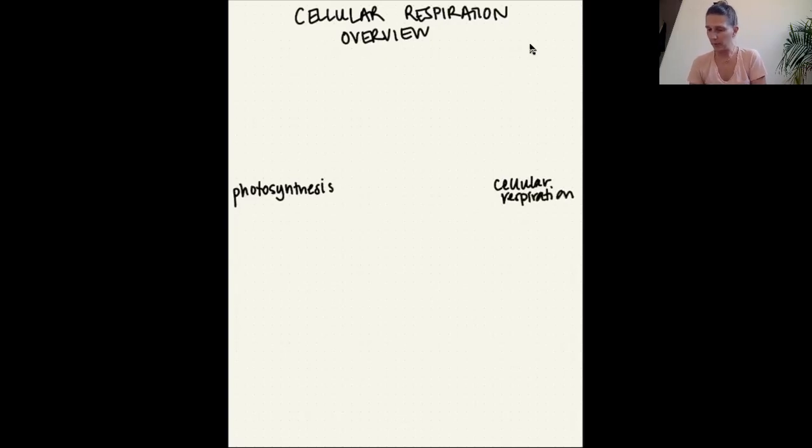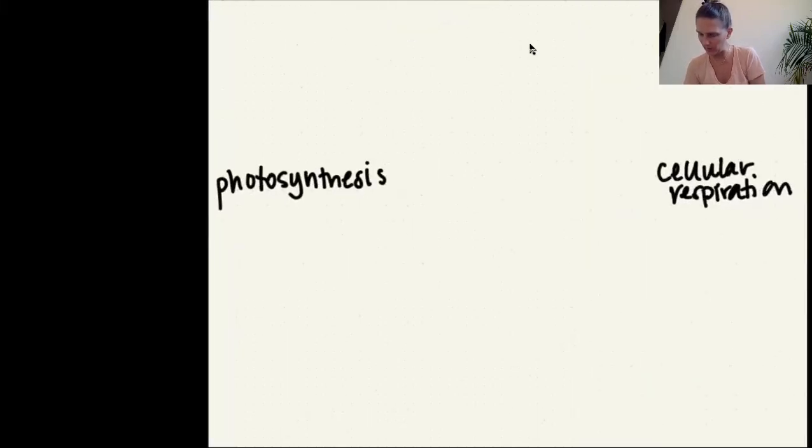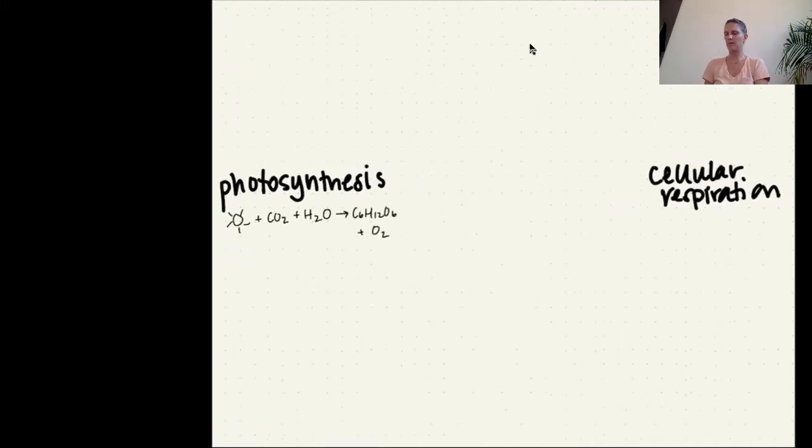So for the process of photosynthesis, we can write out the equation here. I'm going to write that out a little smaller. In photosynthesis, we're going to take energy from the sun. We are going to put in carbon dioxide and water, and we are going to get out C6H12O6 and oxygen, right?